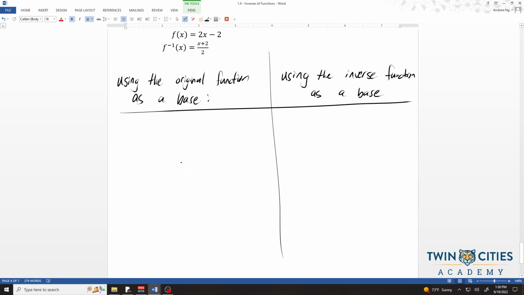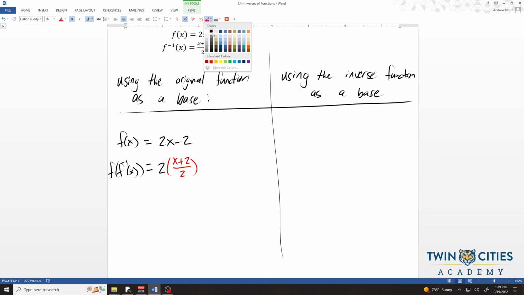What that means is on the left side, I'm going to start with f of x equals 2x minus 2. And then I'm going to say f of f inverse of x, meaning I'm going to plug in my inverse function into my original function. So every time I see an x, instead of 2x, this will be 2 times, and then I plug in x plus 2 over 2. And I still have minus 2 at the end.